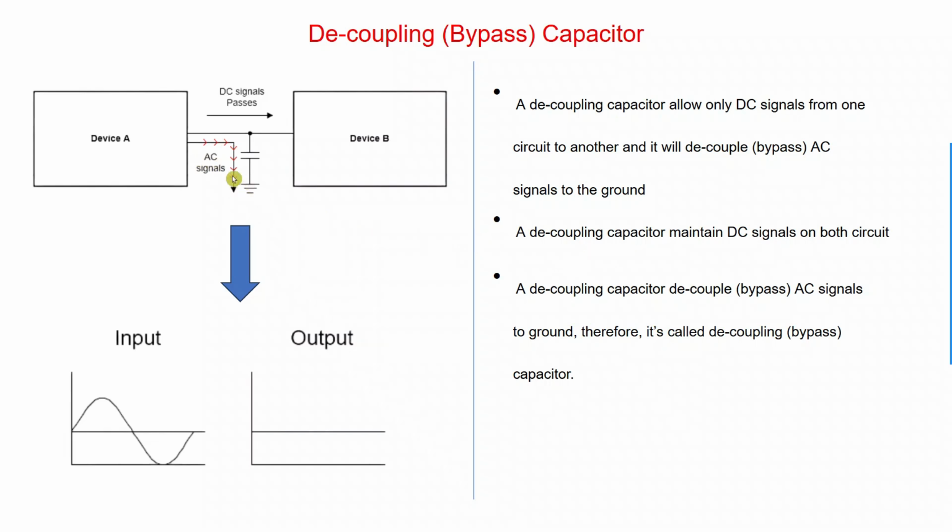So the decoupling capacitor will maintain DC signal on both circuit A and circuit B. A decoupling capacitor decouples or bypasses AC signals to ground. So therefore it's called decoupling or bypass capacitor.